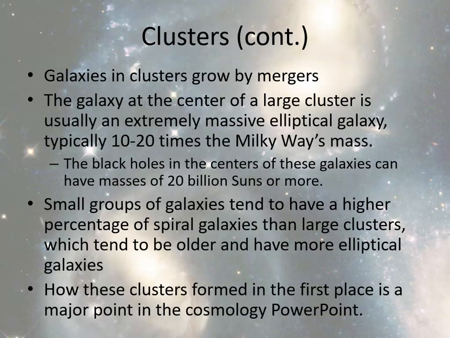In fact, I seem to recall that there is preliminary evidence of a black hole with something like 38 billion solar masses at the center of one of these cluster center galaxies. Small galaxies tend to have a lot more in the way of spiral galaxies than do the large clusters. Large clusters tend to have more big elliptical galaxies because they've undergone more mergers.